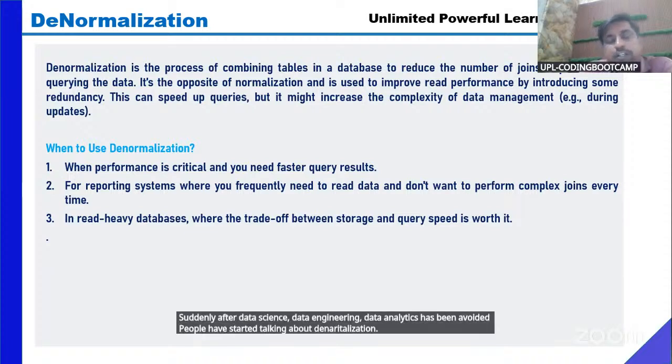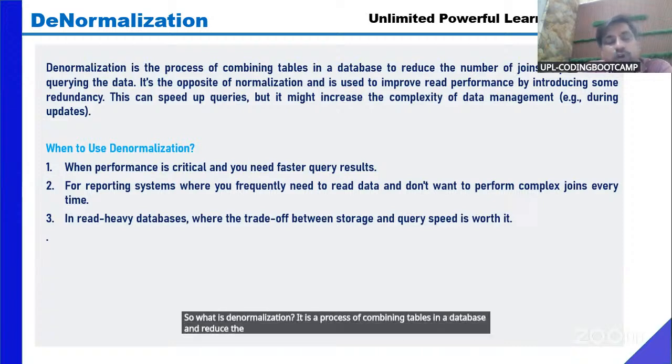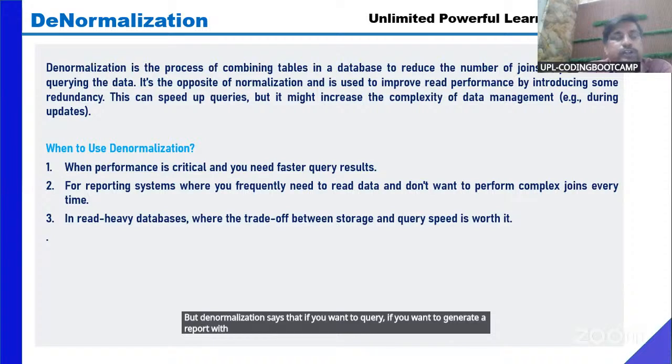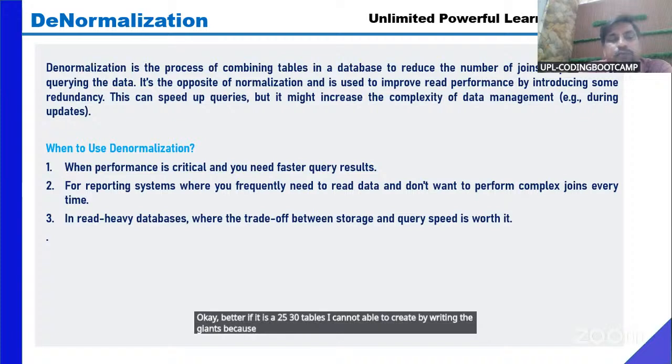So what is denormalization? It is the process of combining tables in a database to reduce the number of joins. Normalization says to create a number of unique tables. But denormalization says that if you want to generate a report with 100 or 200 columns, perhaps from 25 or 30 tables, I cannot create it by writing joins because there will be a performance issue.